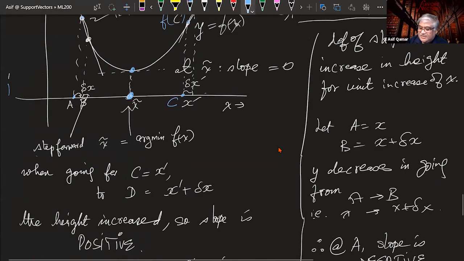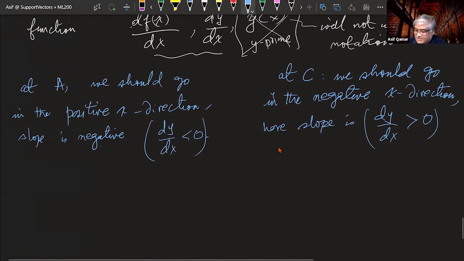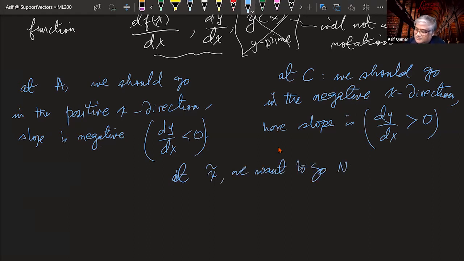If the slope is 0, do we want to go anywhere? No. We go nowhere. We are already home.